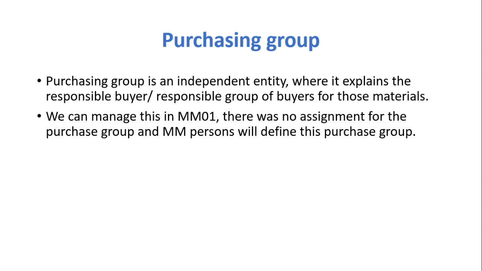If we run it by purchasing group, we'll get the list of purchase orders for a particular buyer or group of buyers. We can manage this in MM01. There is no assignment for the purchasing group; a person is defined as the purchasing group. So it's an independent entity.